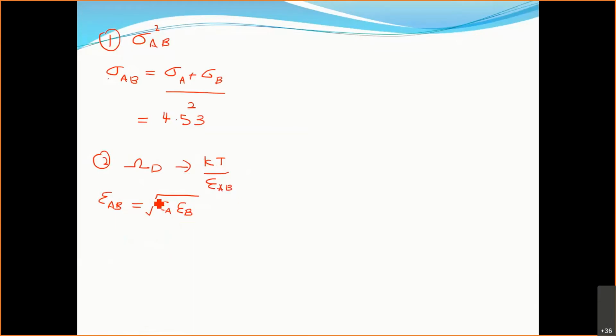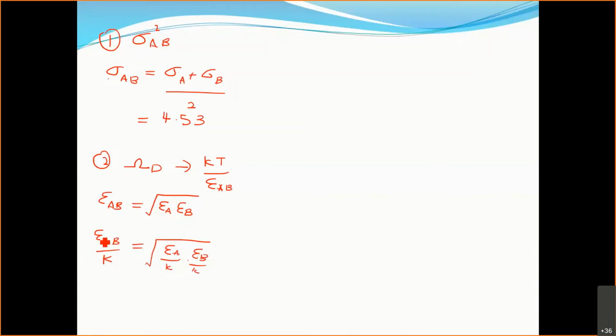We are not given the value of epsilon, but we are given the value of epsilon over K. So if I just change here epsilon AB over K, so I can make an equation of square root of epsilon A over K times epsilon B over K.